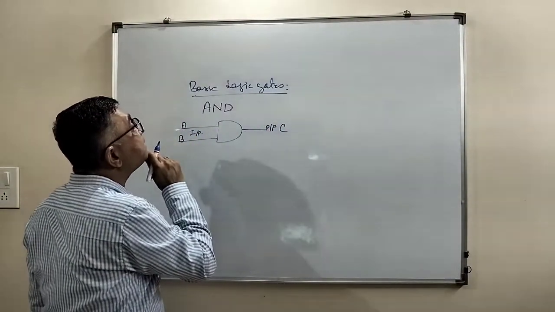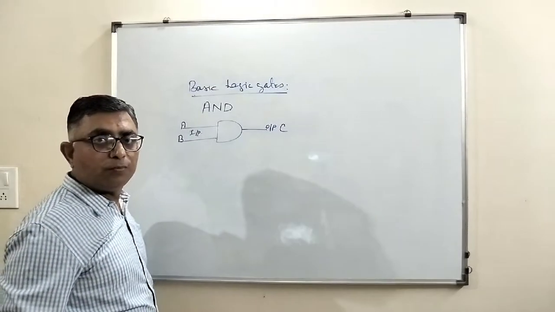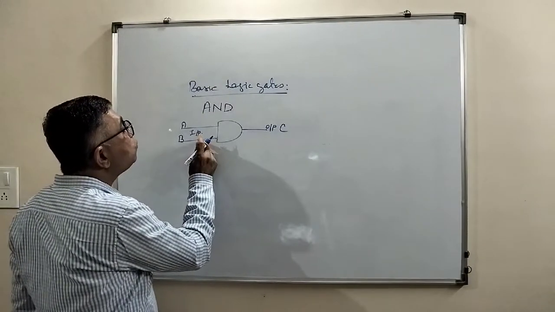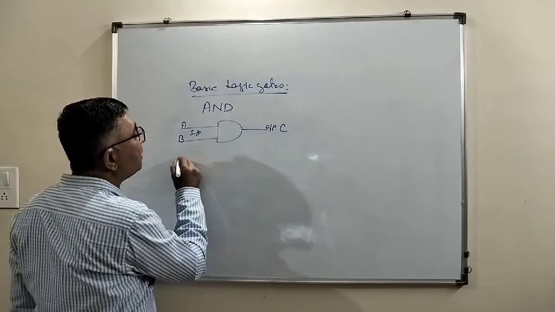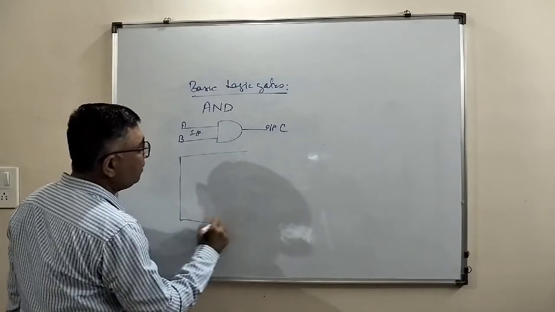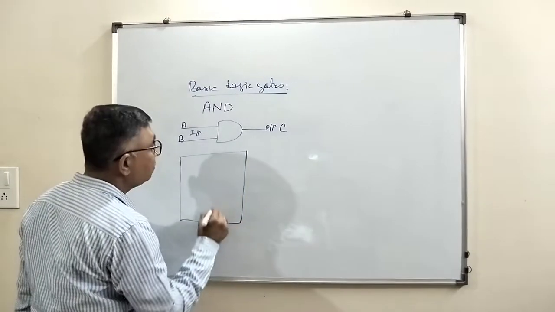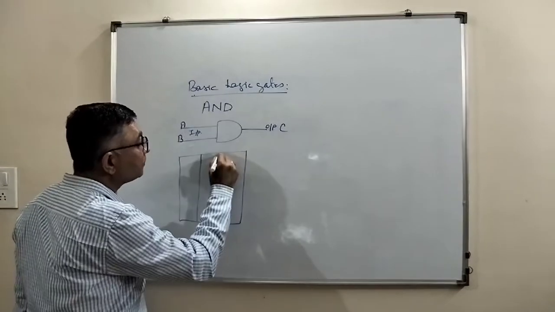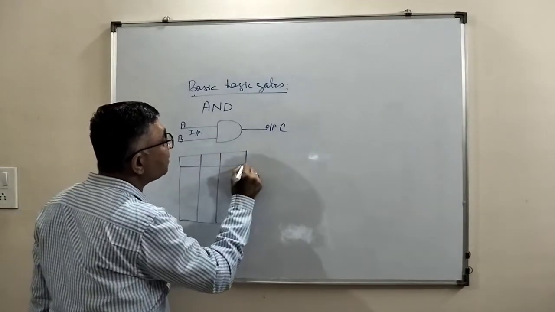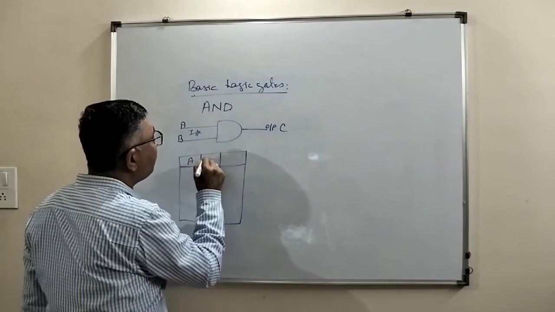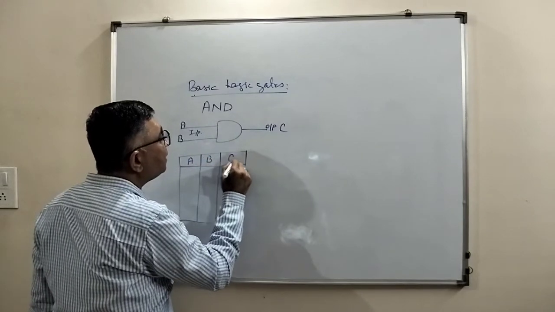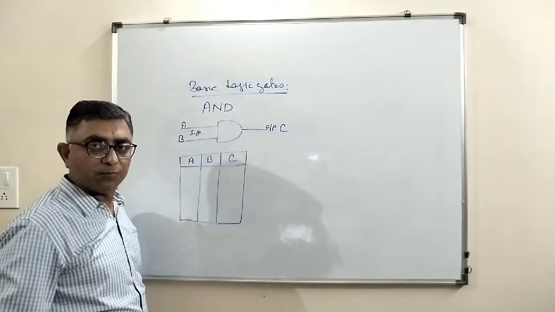So once we are starting with the 2 input AND gate, just to see the behavior of the device, we'll refer to a table which is called the truth table. A truth table defines the relation between inputs and outputs.